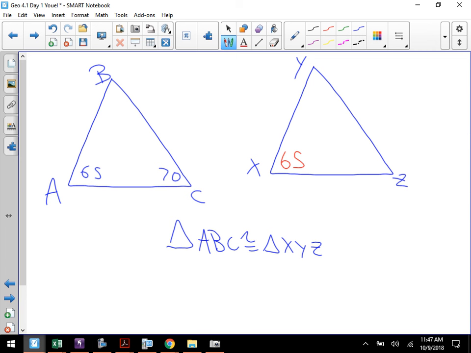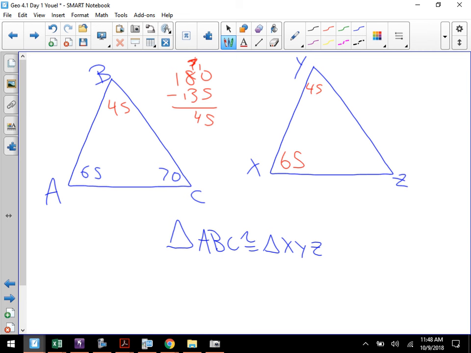What about Y? What do you have to do? Math. Okay. 65 and 70 is how much? 135. Which makes the other side Y how much?